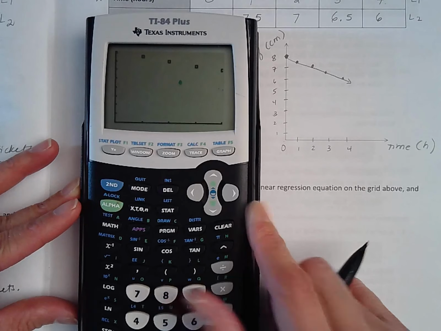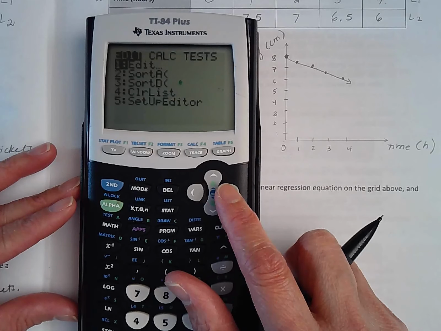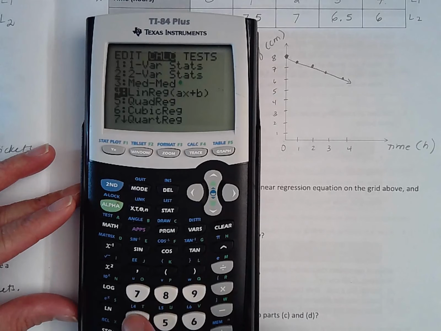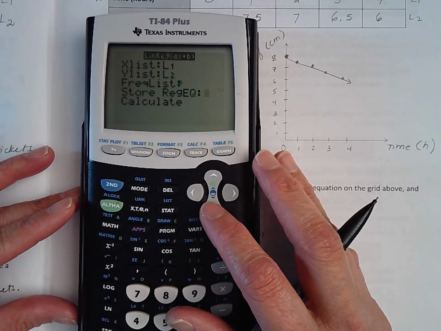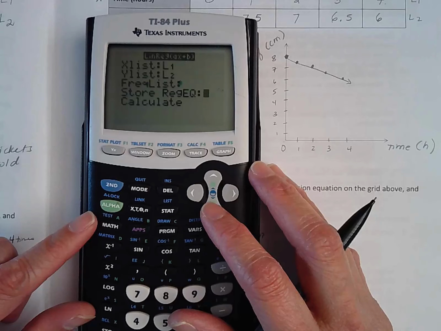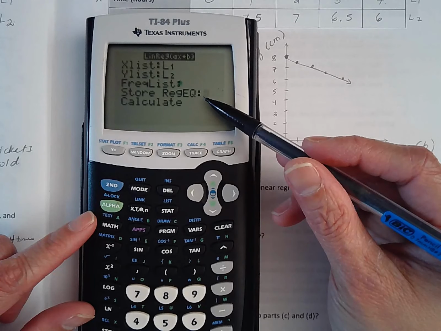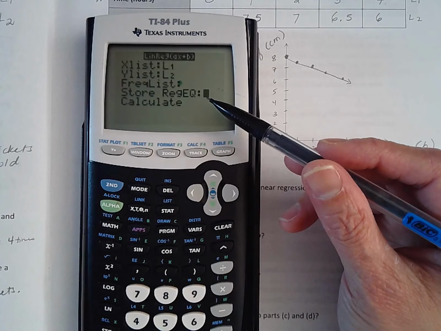So regression equation, we go stat, calc, it's linear regression, so we're gonna press 4. We're gonna store this in Y1, okay? So go to store regression.